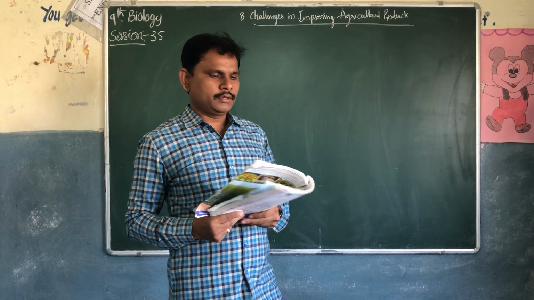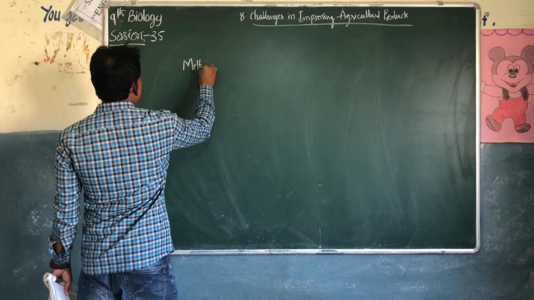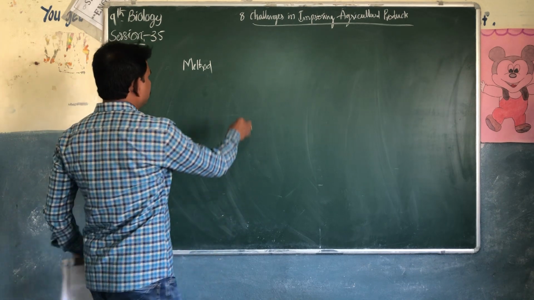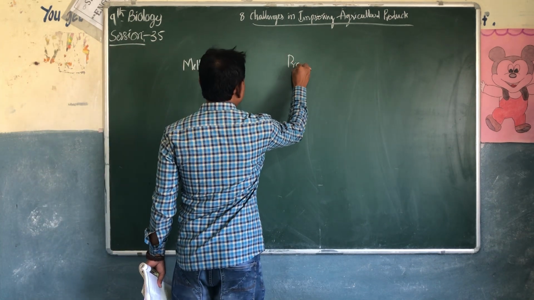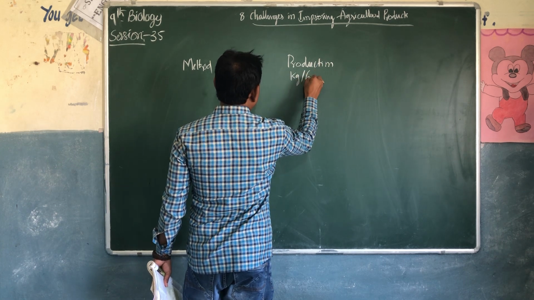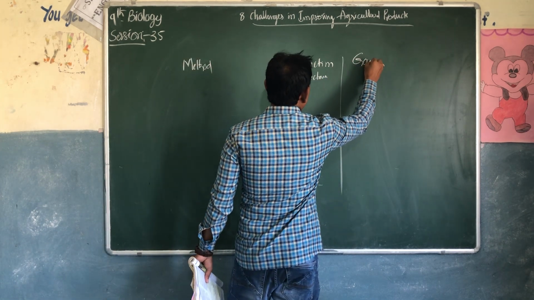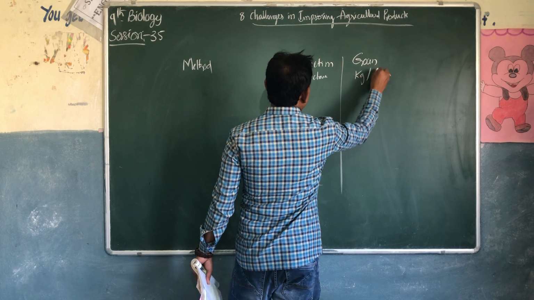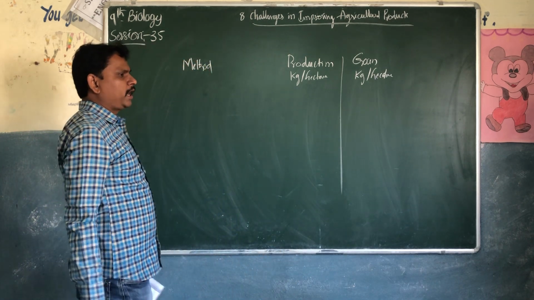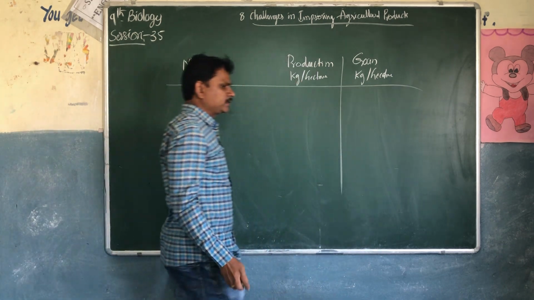The method, production in kg per hectare, and gain in kg per hectare were obtained from 2.4 acres of land.